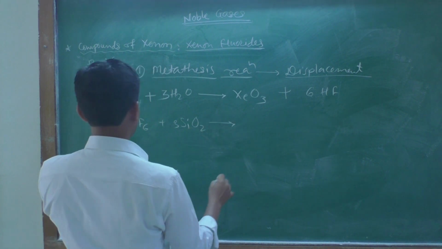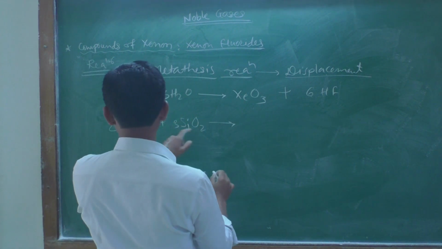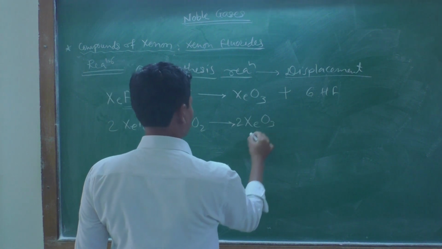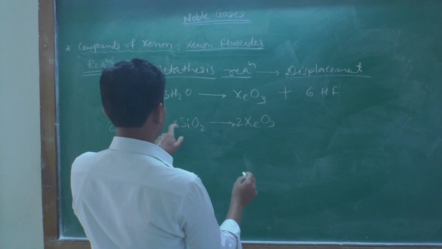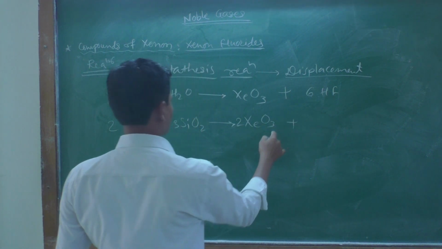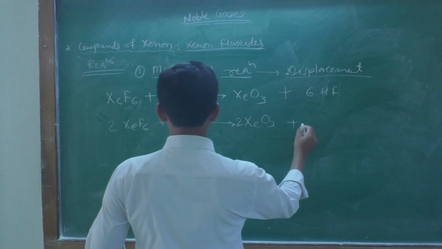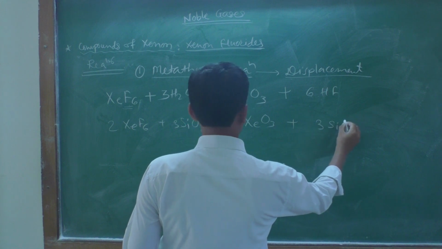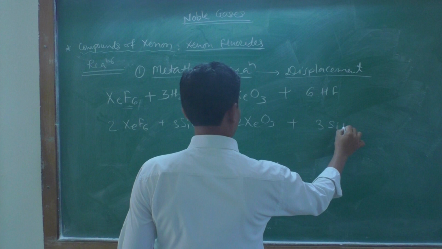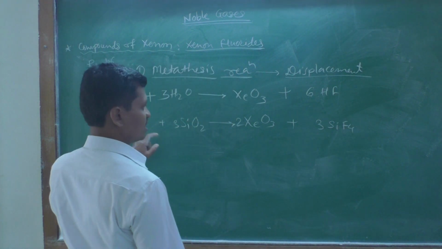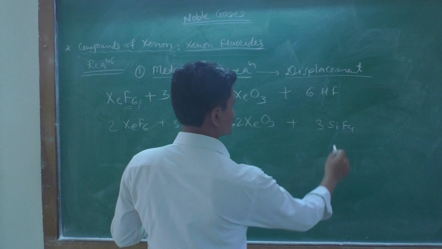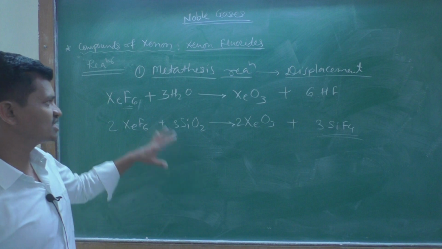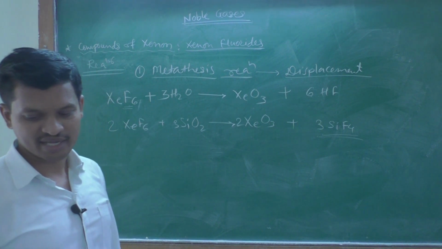Again, 3 into 2 gives 6, and with 2 xenon, 2 XeO3, 2 xenon and 6 oxygen, so xenon trioxide will be formed, and 3 SiF4, 6 into 2 is 12, 3 into 4 is 12, so silicon tetrafluoride and xenon trioxide will be formed. Such reactions are known as metathesis reactions.